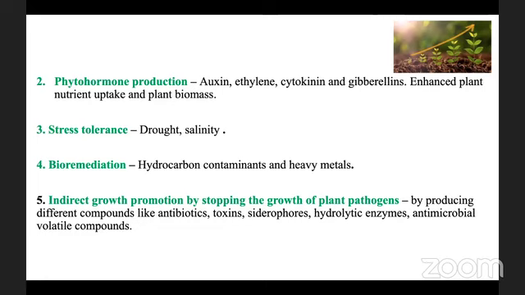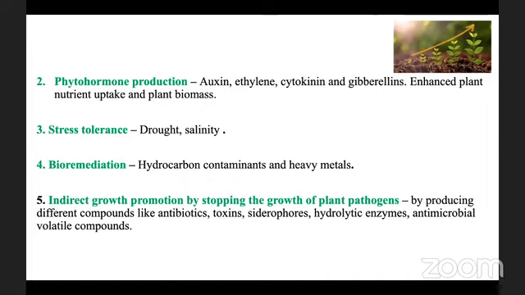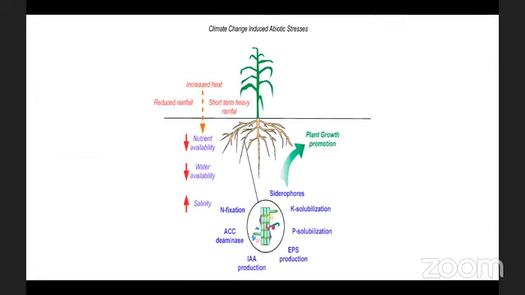So these are the plant growth promotion characteristics of endophytes. They can be used as a biofertilizer, stimulants, phytohormone production, stress tolerance, bioremediation, and indirect growth promotion by producing particular types of compounds: antibiotics, toxins, and antimicrobial volatile compounds.